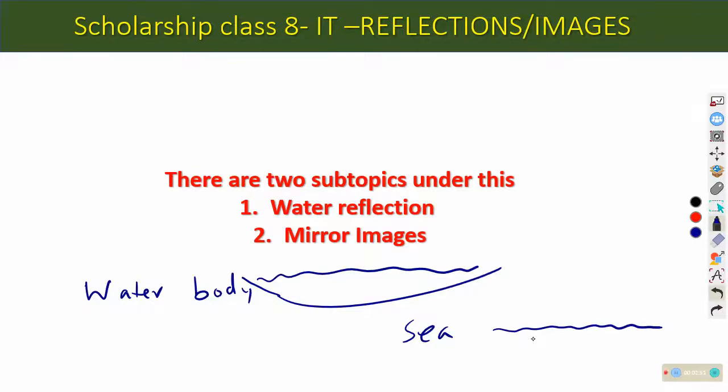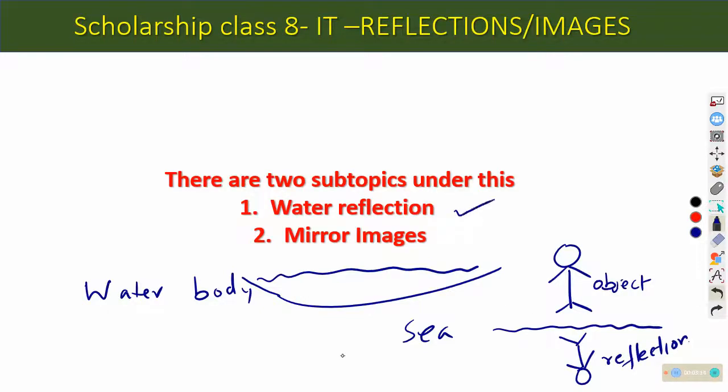Wherever it comes, we know that anything standing in front of such a water body, the reflection will be like this, correct? This will be the reflection. This is the object. This is the reflection, correct? So this is the case of water reflection.